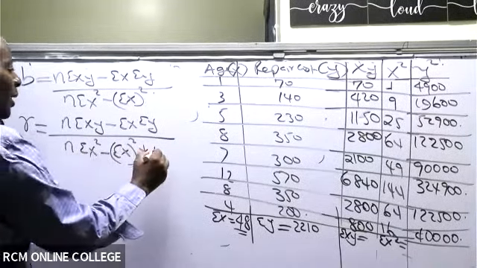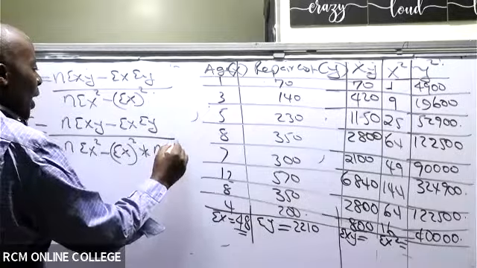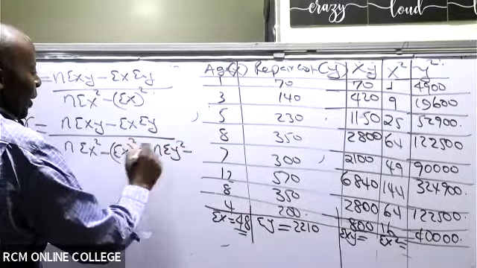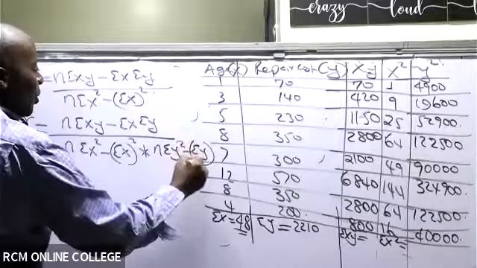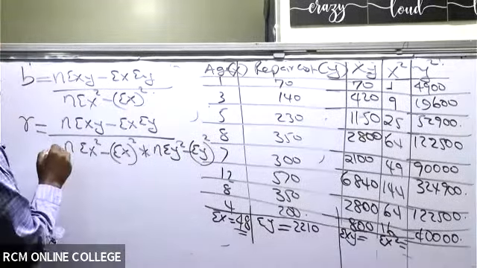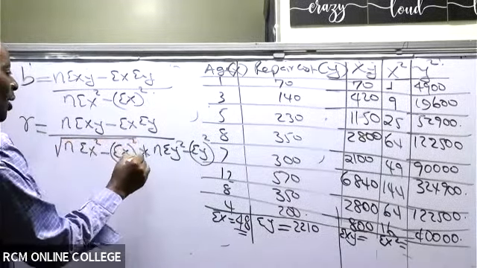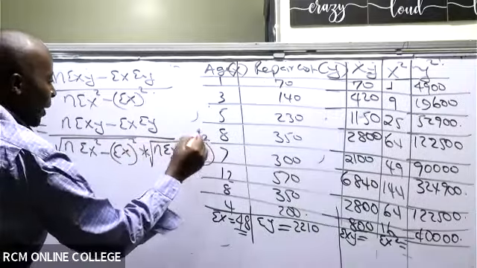So it becomes n summation of y squared minus, instead of sum of x, sum of y squared. And then, of course, you put these under their respective square roots.